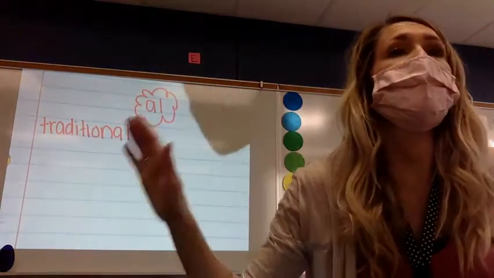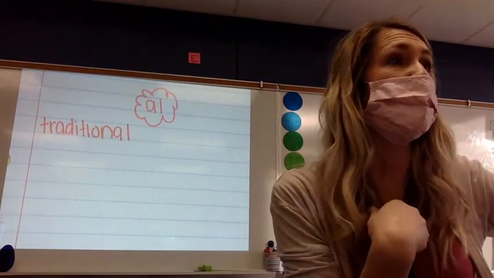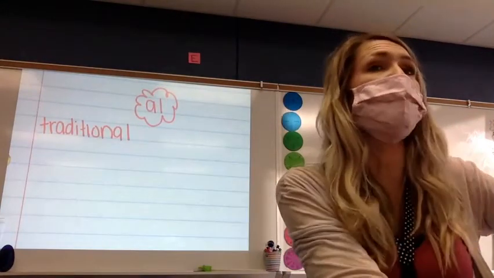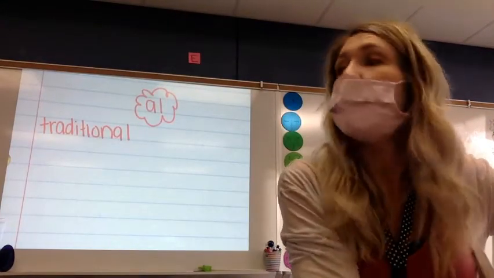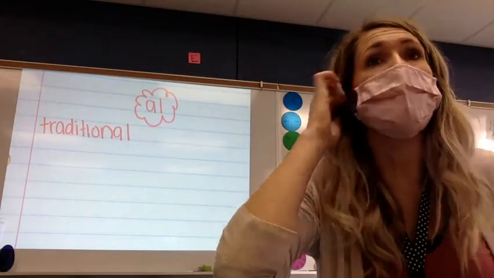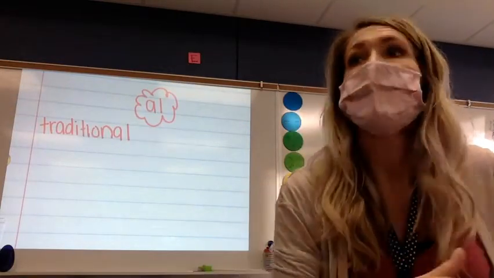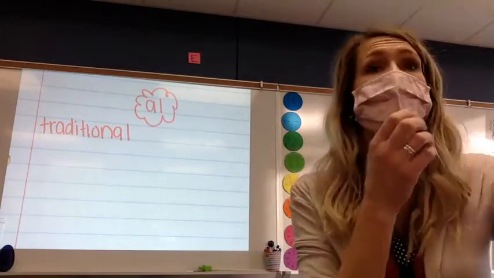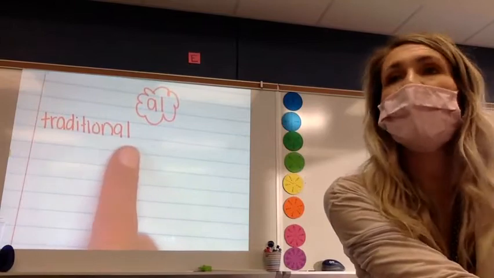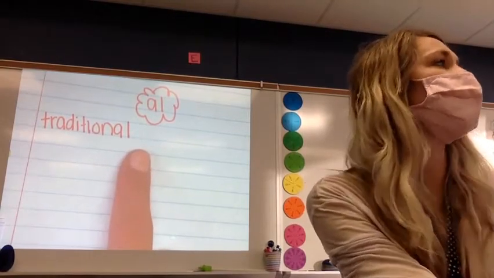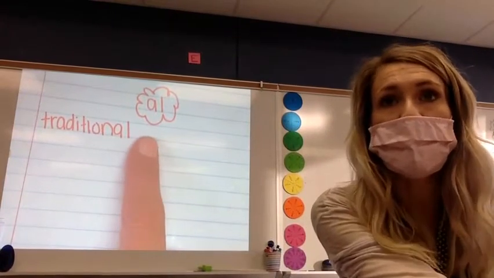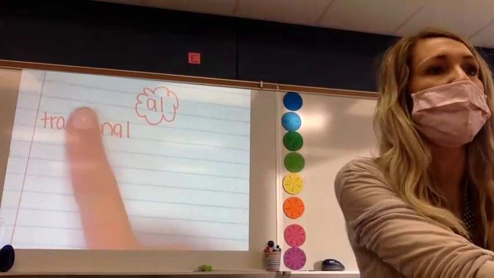I hear a lot of sentences surrounding Christmas, which is great because it's on our minds. Aiden said that it is traditional for his family to put up a tree. I heard Charlie say something about eggnog being traditional for them. Traditional is going to be something that has to do with a tradition. Whenever we put that AL ending on it, it's something to do with that root word. So traditional is something that has to do with someone's tradition.